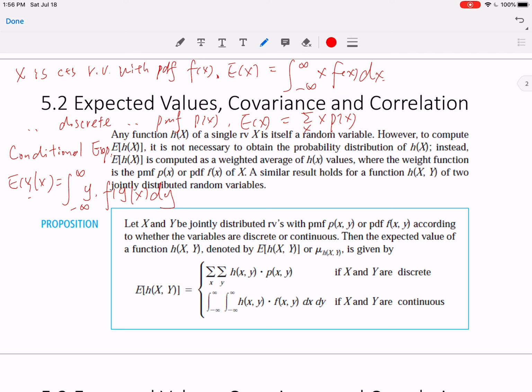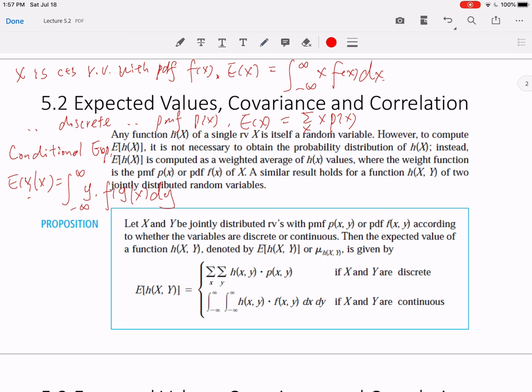So basically, if we want to find the expected value with the given random variable and its PDF or PMF, if it's continuous, we integrate the random variable times the PDF. If it's discrete, we sum x times the PMF.